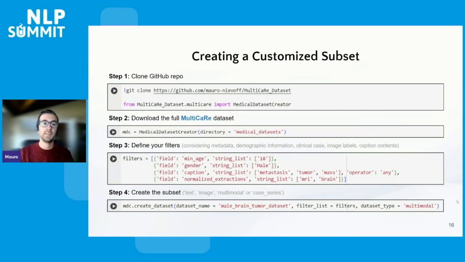It can either be text, if you only want the text of the clinical cases, or image, if you are only interested in the images. Apart from those data, you will get the metadata that may be useful in your case. It can also be multimodal if you want both text and image and the metadata.